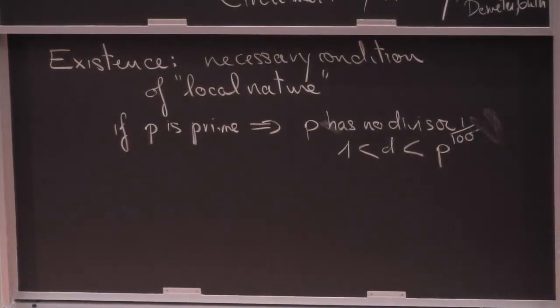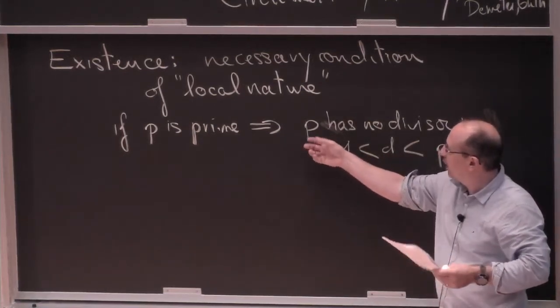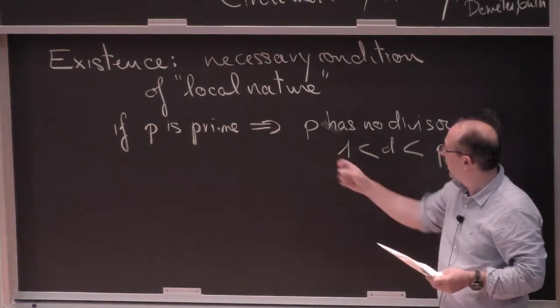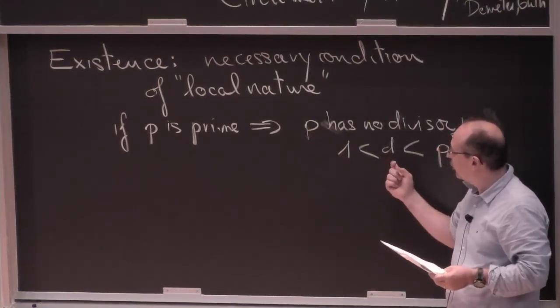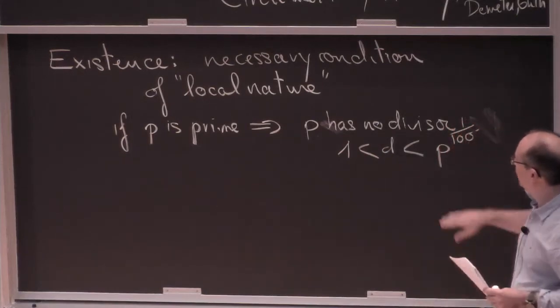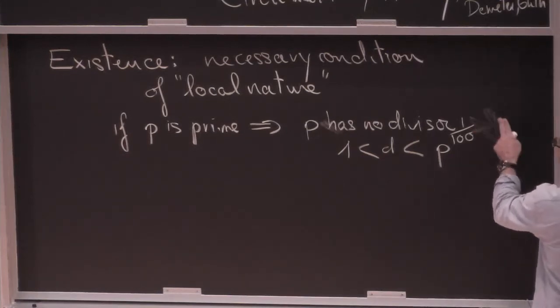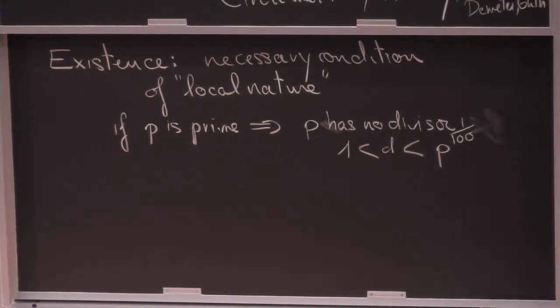Here is a local condition. It imposes a congruence condition: if you want to see that this integer is a prime, it has to be not congruent to 0 modulo all integers less than this, or all prime numbers less than this. And of course, you could say, but here I could take 1/2 instead of 100.